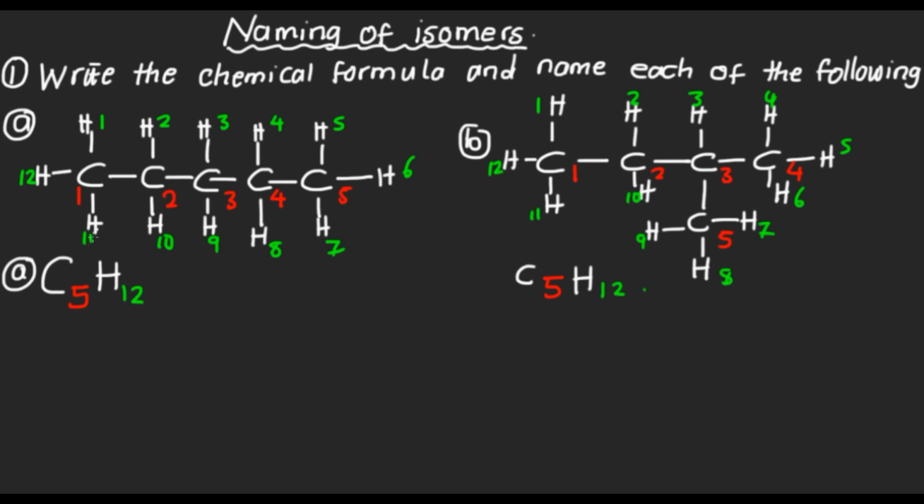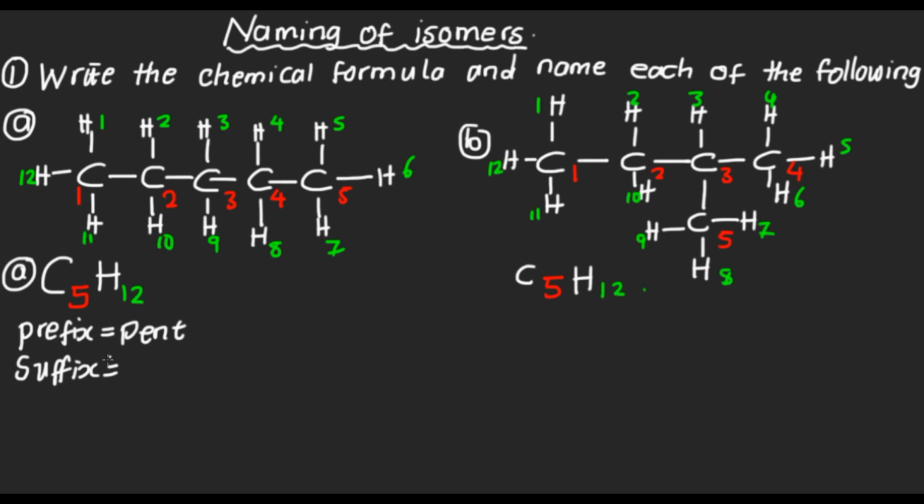Now let's begin naming. So when naming, first you need to determine the prefix. So remember, the prefix is the number of carbon atoms. So we have 1, 2, 3, 4, 5. So 5 carbon atoms. From the list that I gave you, 5 is represented by pent. Now after that, we need to determine what we call the suffix.